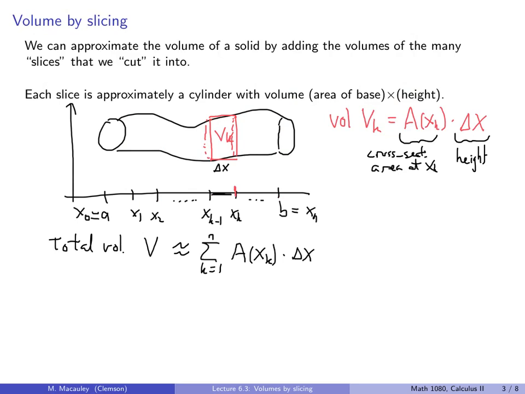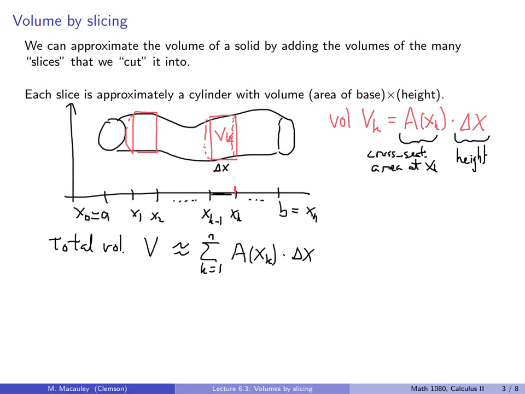So this is the total volume, approximately. And again, the reason it's not the exact volume is because our curve is curved and not necessarily built of cylinders. Okay, and obviously the thinner the slices, the better the approximation.